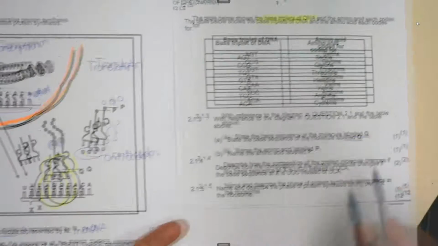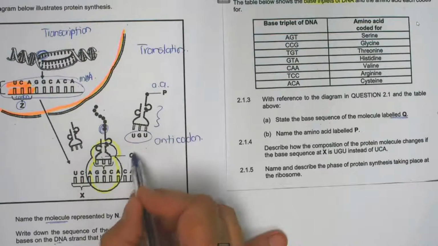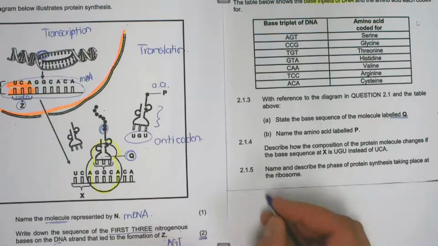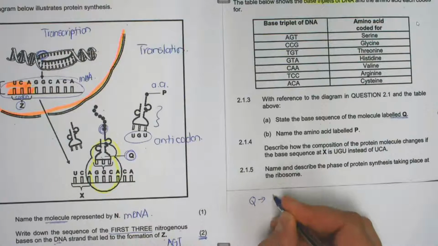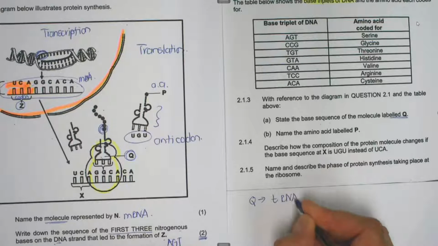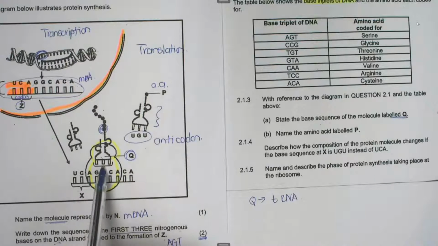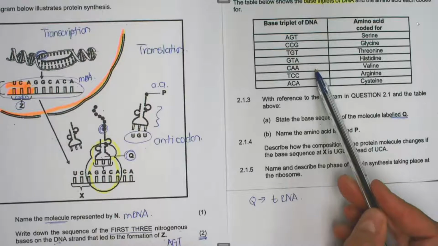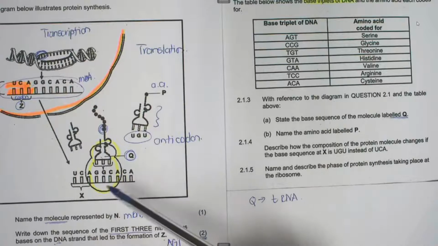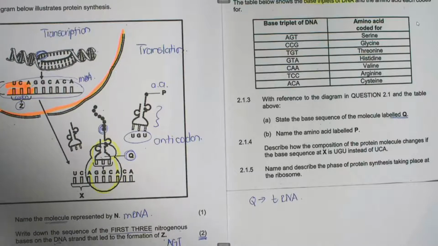Labeled Q. So let's look for Q. Yes, Q. So Q is going to be a tRNA molecule. Now they want to know what is the base sequence here. How am I going to know that? I don't have, for instance, an amino acid there so that I can use the DNA. But what do I have here? Here's my clue.